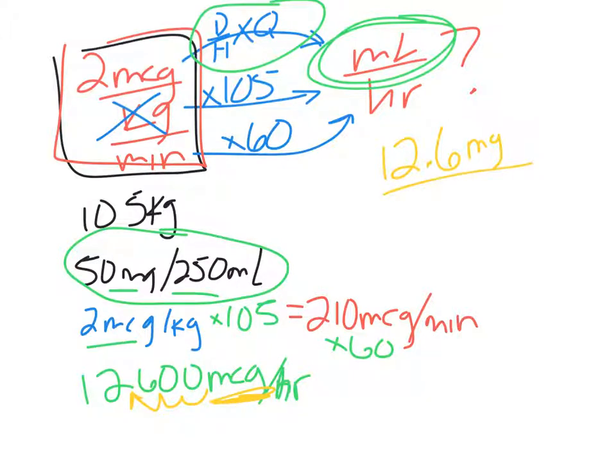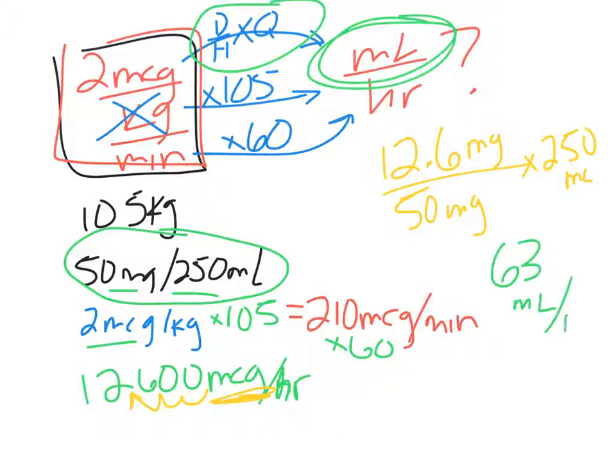Well, then to see what that would be in milliliters, we took that divided by how it's packaged, 50 milligrams per 250 milliliters. And when I calculate that, we would see that 12.6 divided by 50 is 0.252, and then take that and multiply by 250, we get 63. So that means this person would need 63 milliliters per hour.